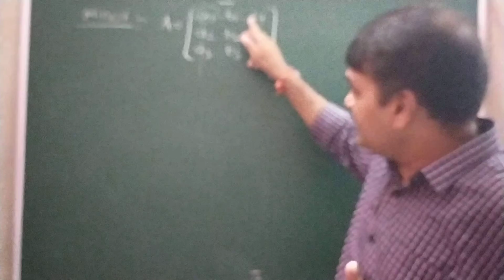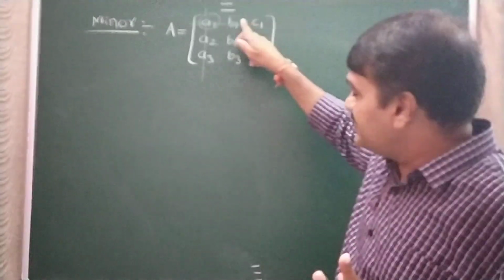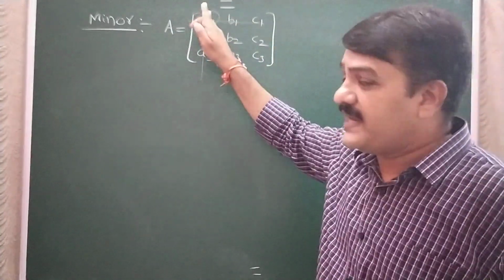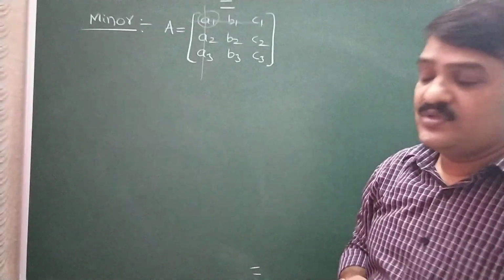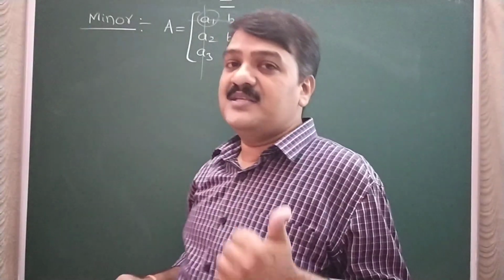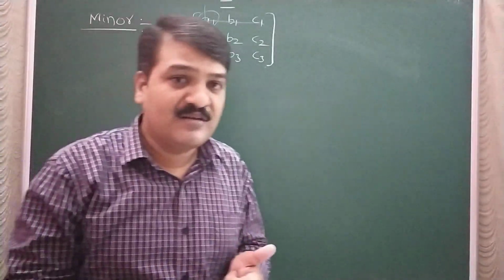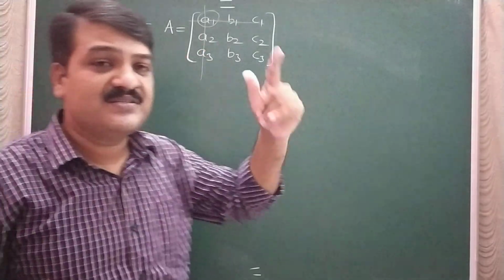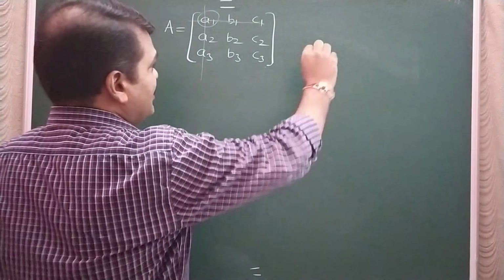After that, the remaining part you see, the determinant of this remaining square matrix is called the minor of a1. So what is the minor of an element? It is the determinant of the square matrix which remains after deleting the row and the column in which the element is present. I'll write the definition here.